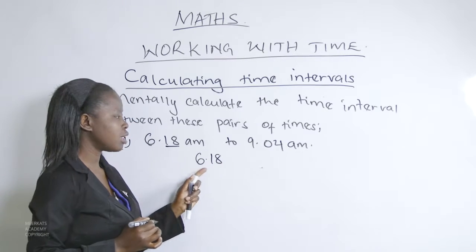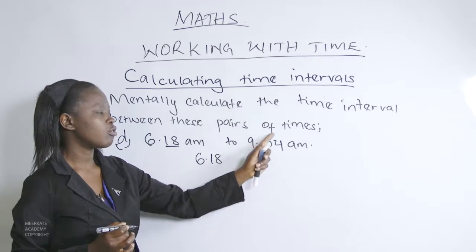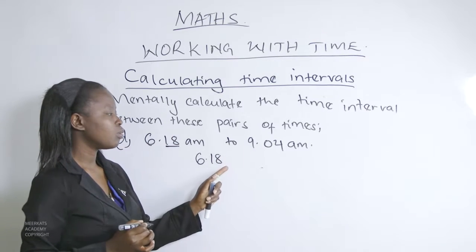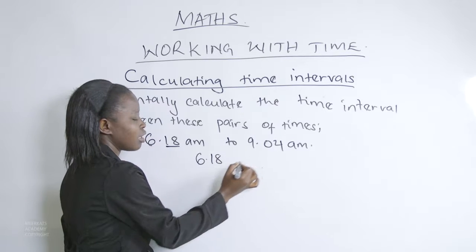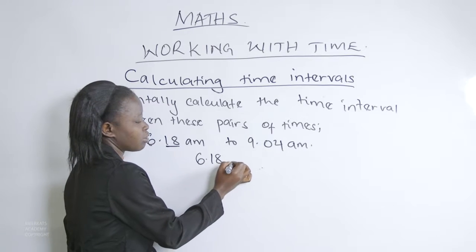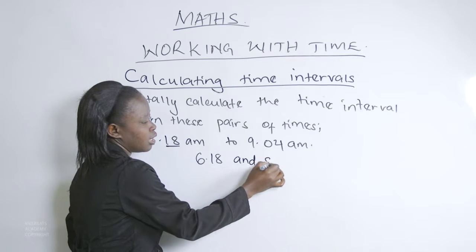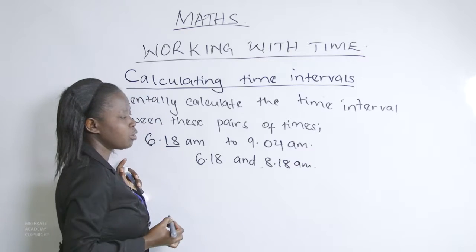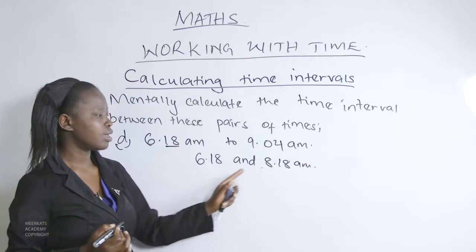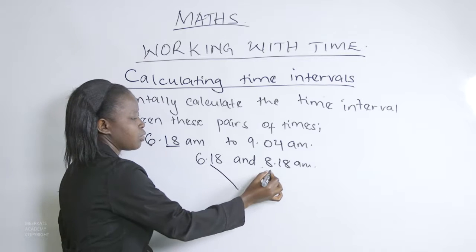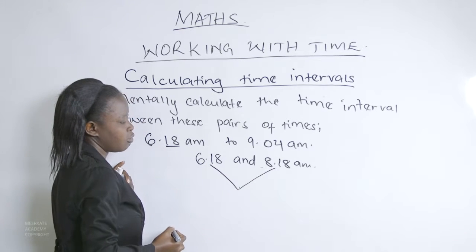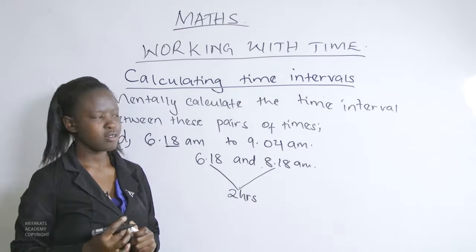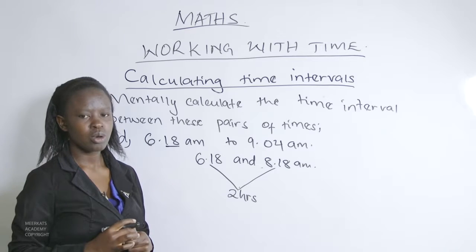So between 6:18 and 9:04, the 4 minutes are less than the 18 minutes. So it means that the time that I need to find is now between 6:18 a.m. and 8:18 a.m. Between 6:18 and 8:18 a.m., we find that we have a difference of 2 hours.